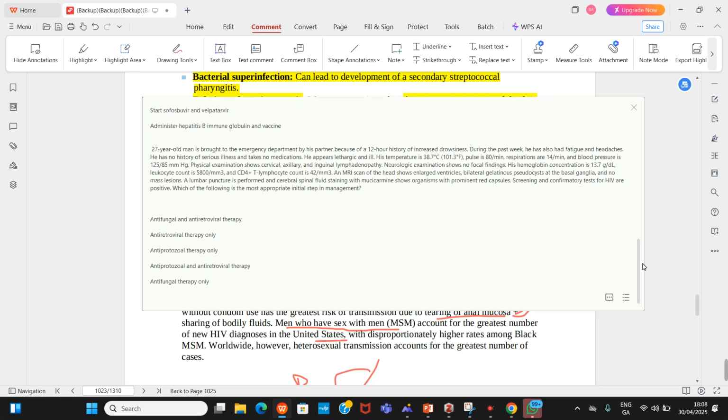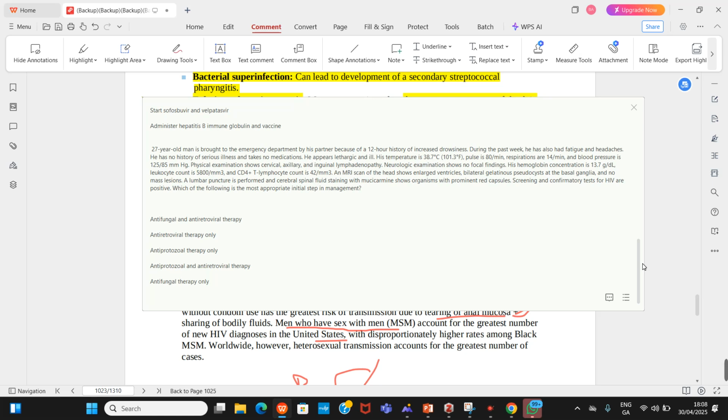Okay, let's look at this one. A 27-year-old man is brought to the emergency department by his partner because of a 12-hour history of increased drowsiness. During the past week, he has also had fatigue and headaches. He has no history of serious illness and takes no meds. He appears lethargic and ill. Temperature is 38.7. Physical examination shows cervical, axillary, and inguinal lymphadenopathy.